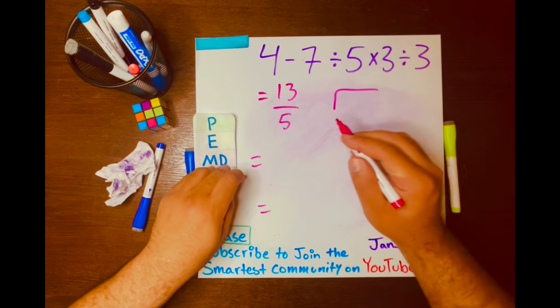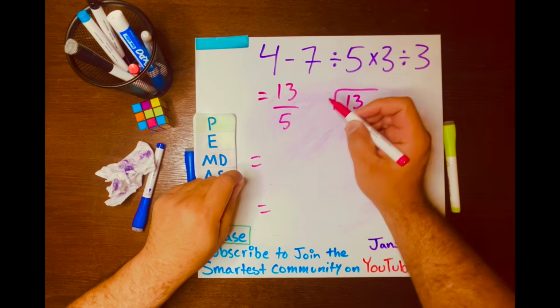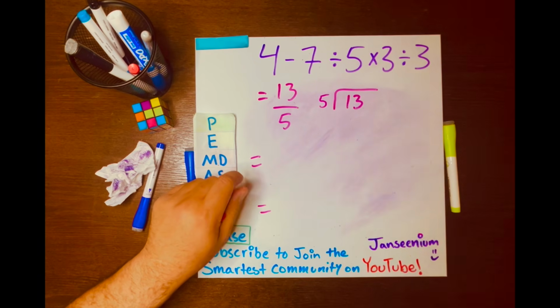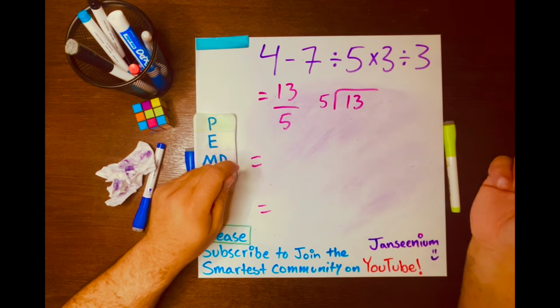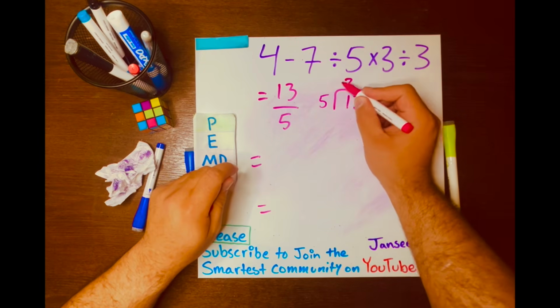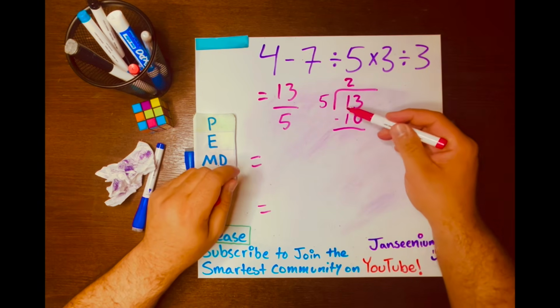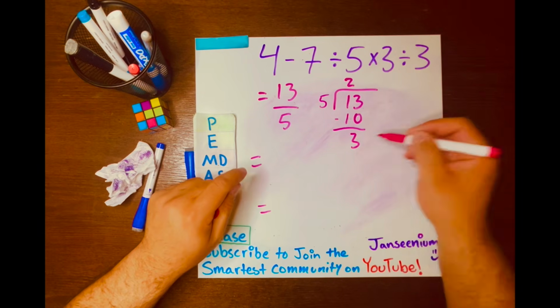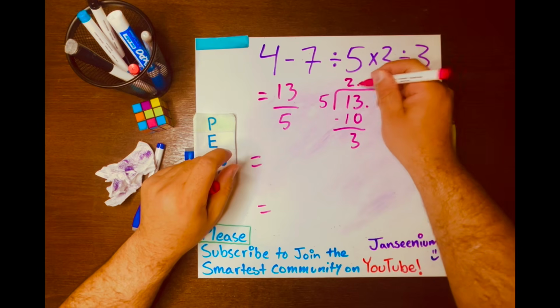So here's the long division symbol. The dividend, that's the 13, goes inside. The 5, the divisor, goes outside. So how many times can 5 fit into 13? 2 times. And 2 times 5 is 10. And then you subtract 13 minus 10 is 3. You cannot fit 5 into 3, so the 3 needs to borrow a 0.